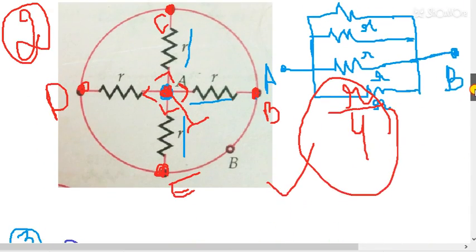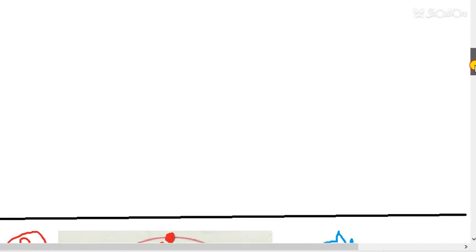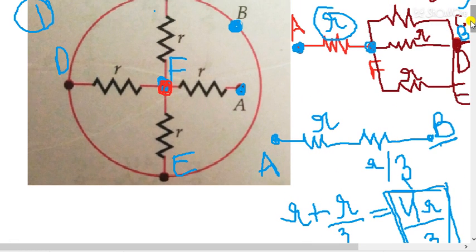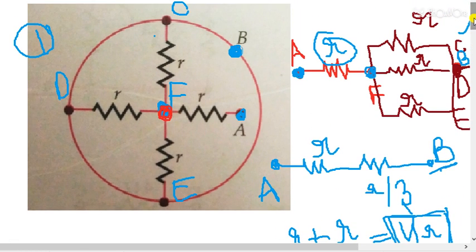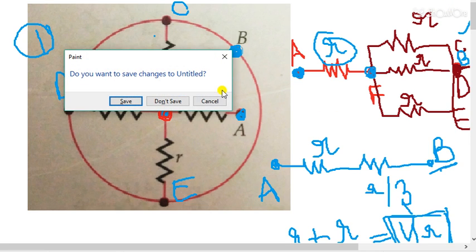In this question there was a trick that we have to take A and F first, then after F the resistances are common. You can see one more question of such type. I will take one more question.